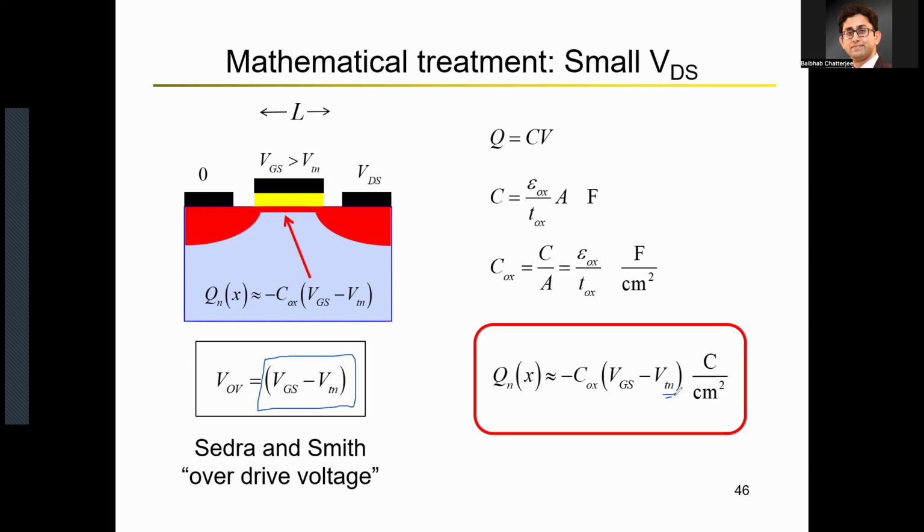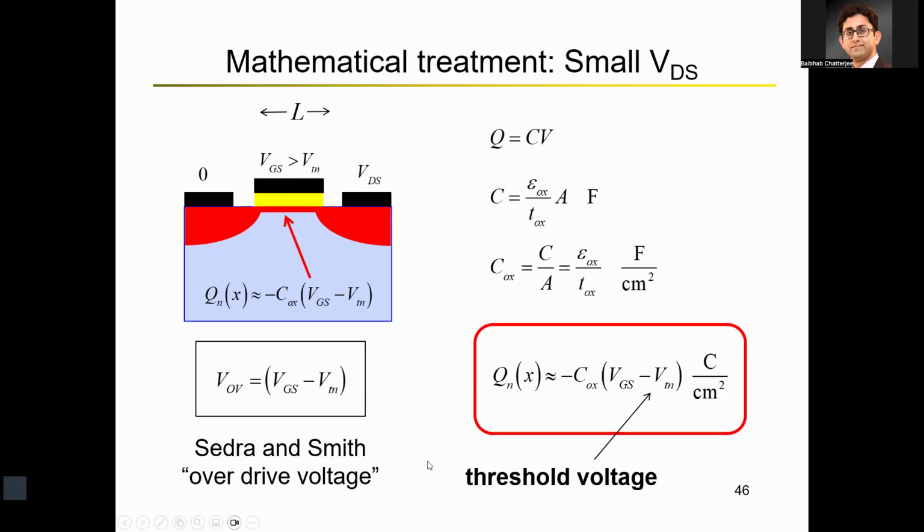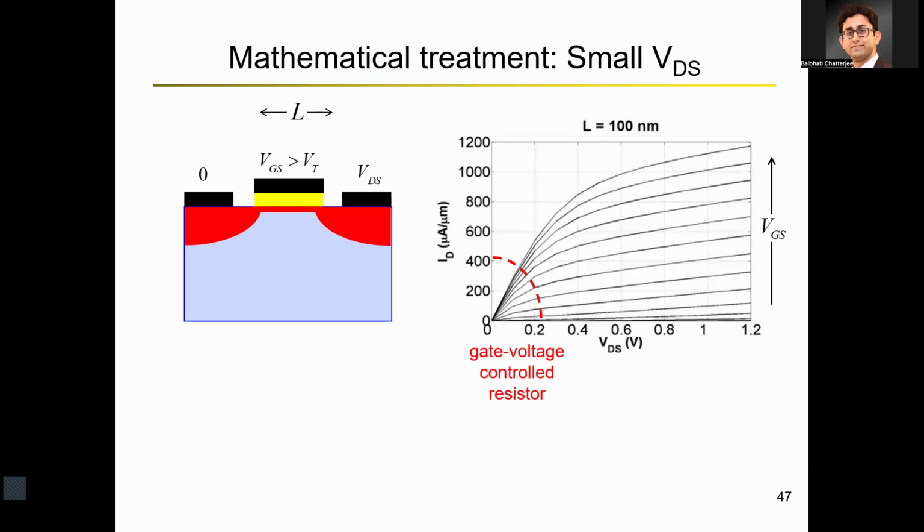So V overdrive is just VGS minus VT. If your V overdrive is positive, that means you're above the threshold voltage and you have formed a channel. If overdrive is negative, nothing happens. And VTN, as we said, is the threshold voltage.